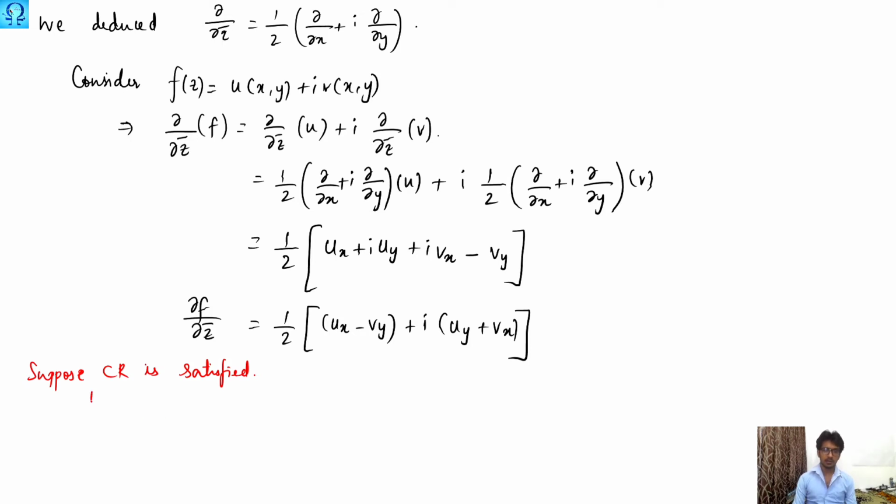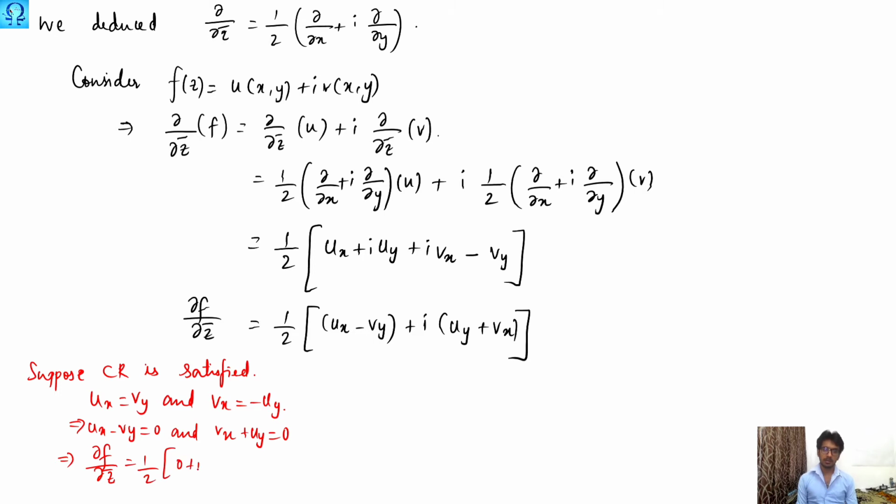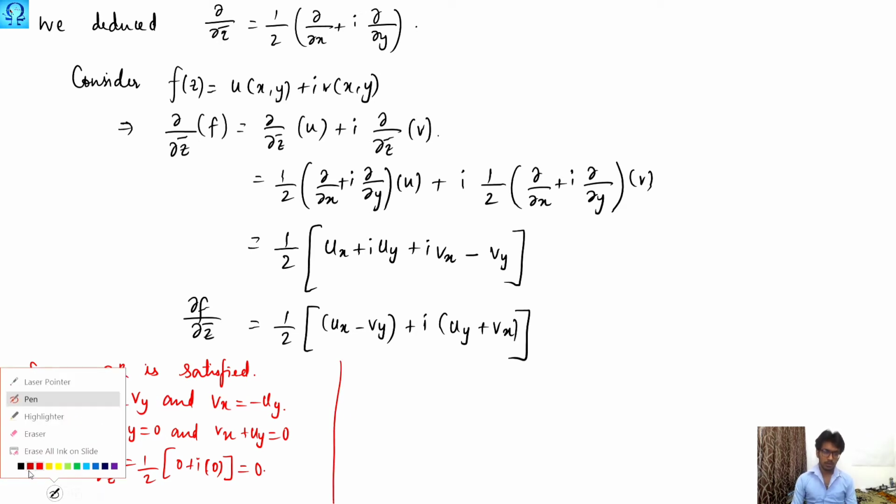Therefore we shall write ux equals vy and vx equals minus uy. So ux minus vy is 0 and vx plus uy is 0. Therefore del f upon del z bar is half times 0 plus iota times 0, which is 0. So this is one way. Now let me do the other way.